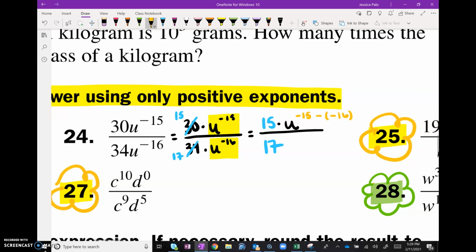Now you can do your subtraction, which ends up being addition because two negatives equal a positive. So it's negative 15 plus 16. And what do we get? Your final answer is 15U over 17. If you put u to the first power, that is okay, but because it's a 1, we don't need it. 15u over 17 is your final answer.